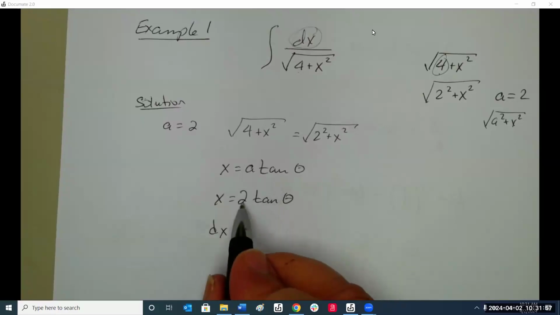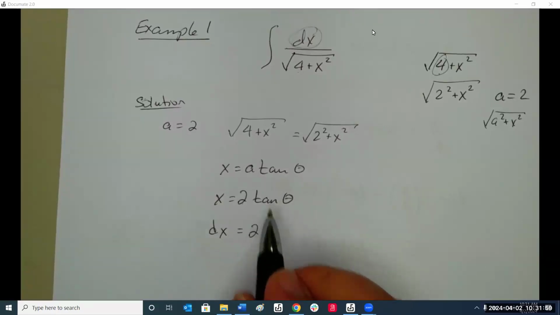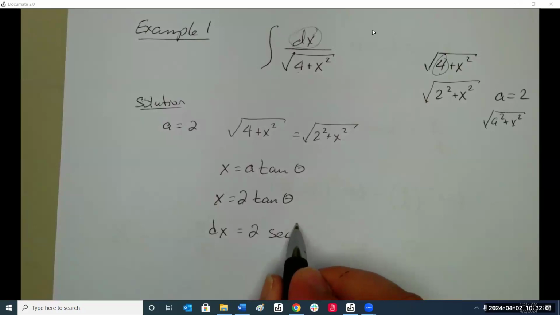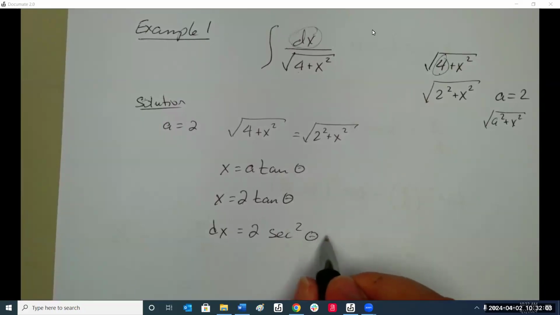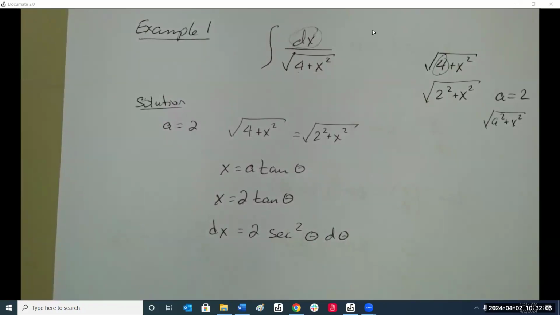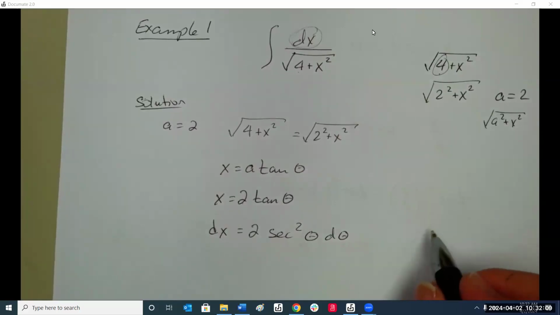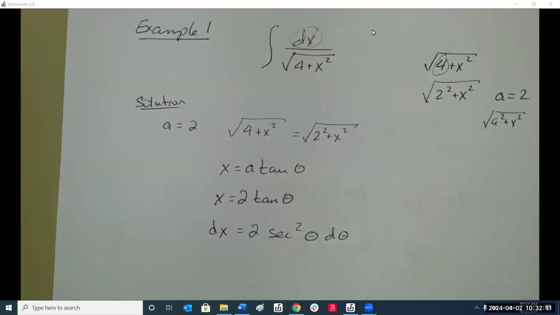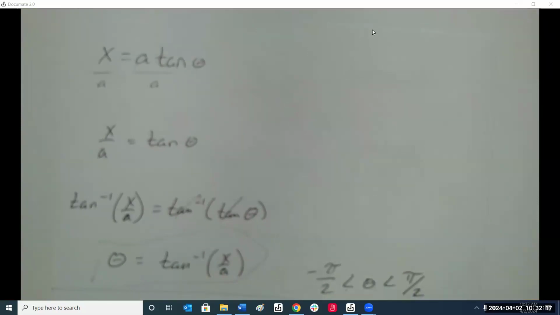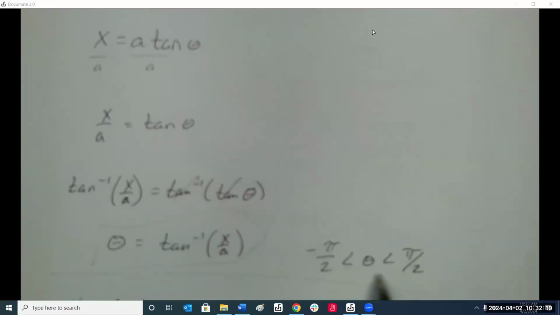The derivative of tangent is secant squared theta d theta. And from the graphs we talked about, our domain will be negative pi over 2 to pi over 2.